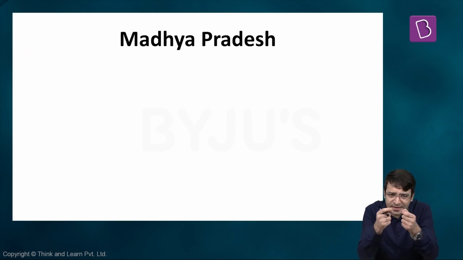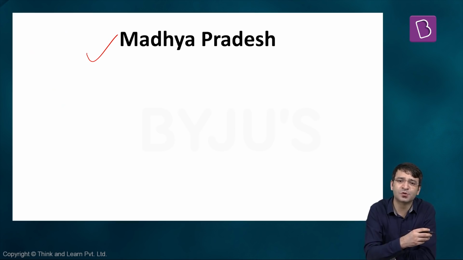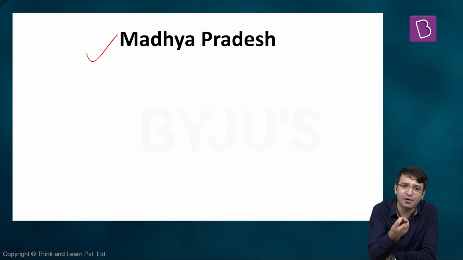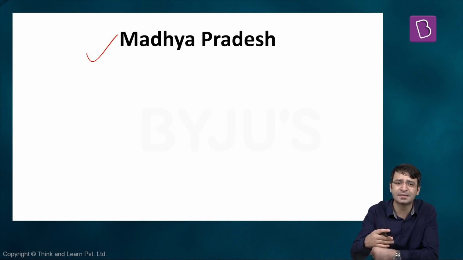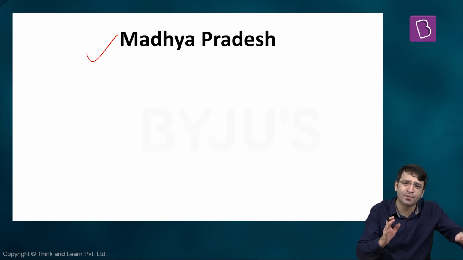This is exactly what happened in Madhya Pradesh as well. Resignation is being viewed as a tool, as a loophole under the anti-defection law. There was a Kamal Nath government, a Congress government in Madhya Pradesh, but Jyotiraditya Scindia, along with 20 odd of his followers, 20 odd MLAs, decided to resign from the Congress.